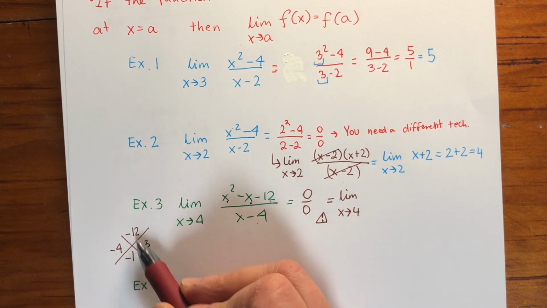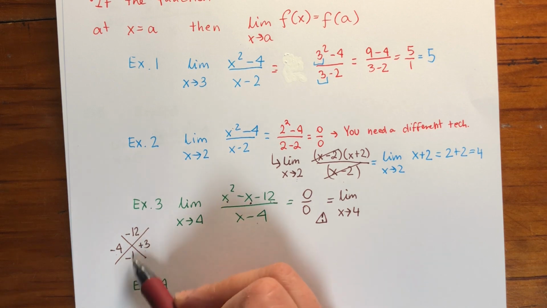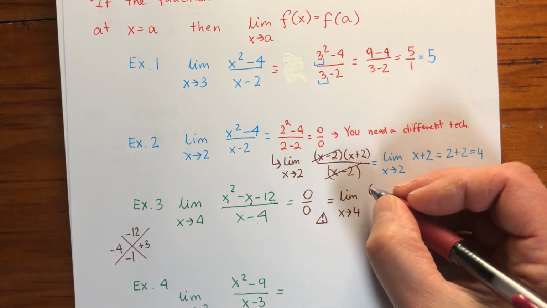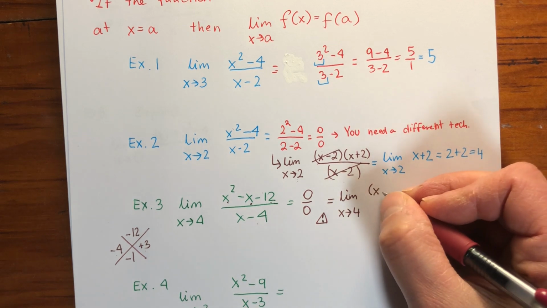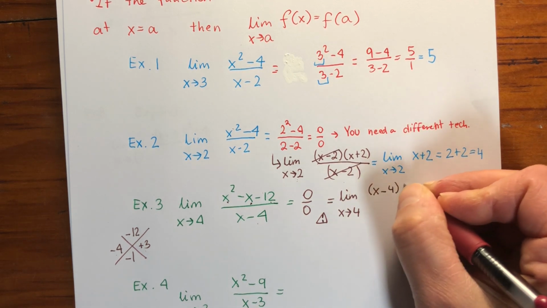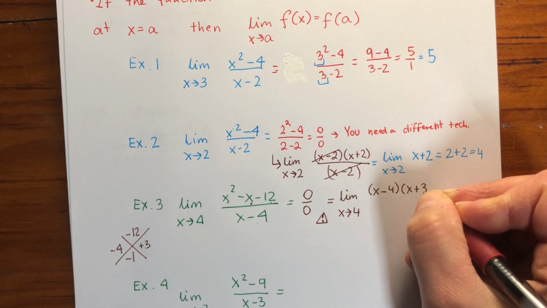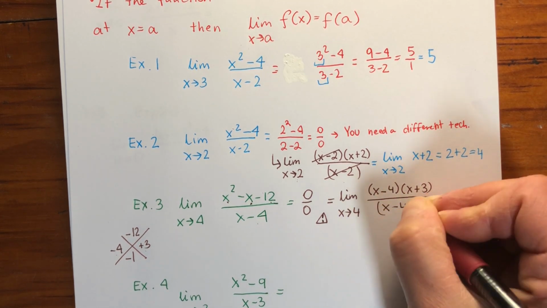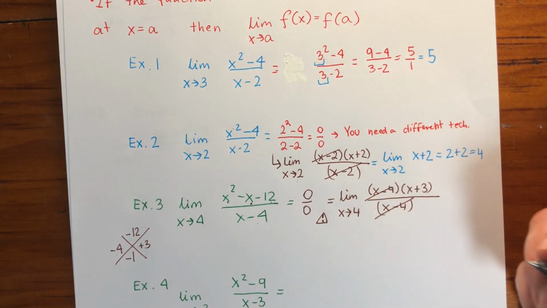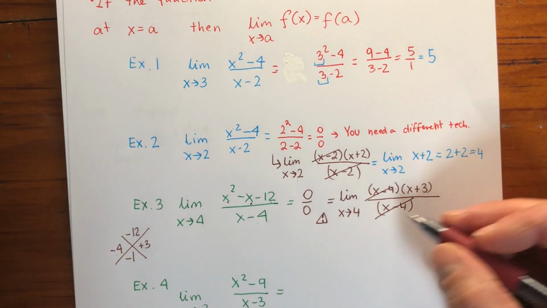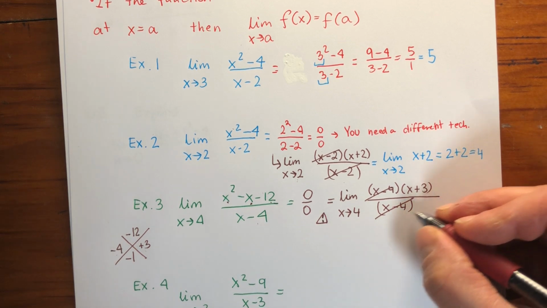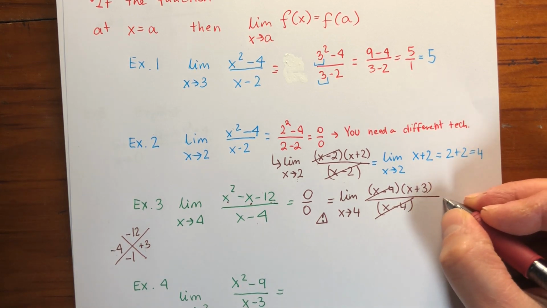Again, I always check that it multiplies and adds up. Now instead of writing x squared minus x minus 12, I am going to say x minus 4 times x plus 3, and I'm going to divide it by x minus 4. I want you to see how convenient that is. So now I am only looking for the limit as x approaches 4 of x plus 3.